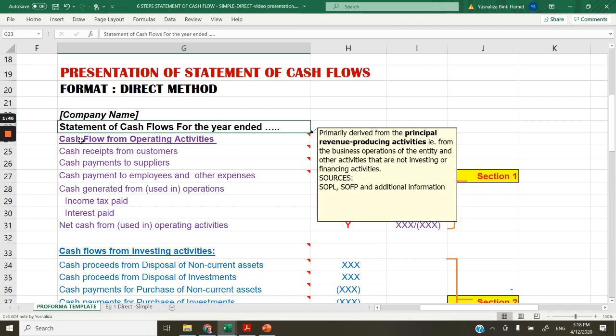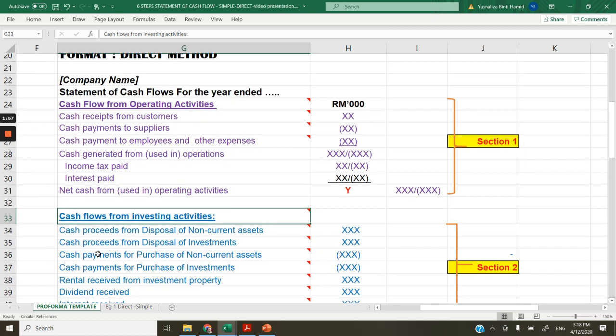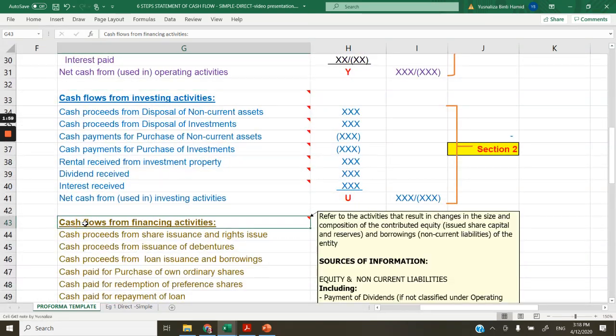It has three types of activities, if you watched my previous videos, which are the cash flow from operating activities, cash flow from investing activities, and cash flow from financing activities.